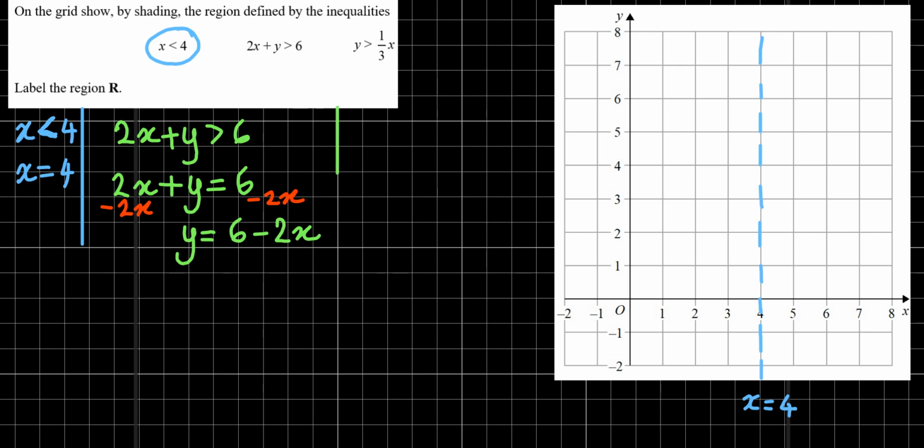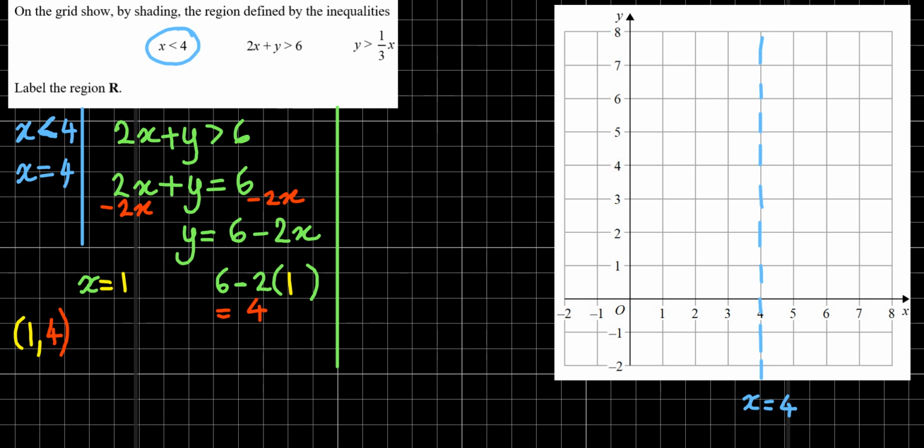To plot this line, we need to find coordinates for this equation of line. Let's say x equals 1. I would have y is 6 minus 2 lots of 1, and that would give us 6 take away 2, which is 4. So our first coordinate we can plot is 1, 4.